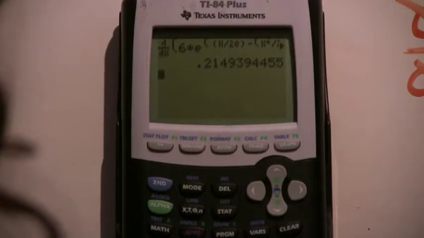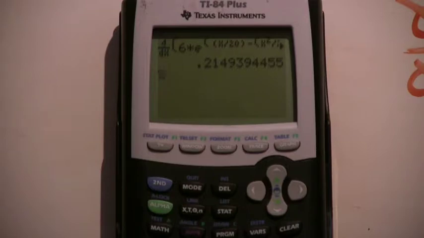So we have 0.2149. All the choices are rounded. So that's choice A, 0.215.